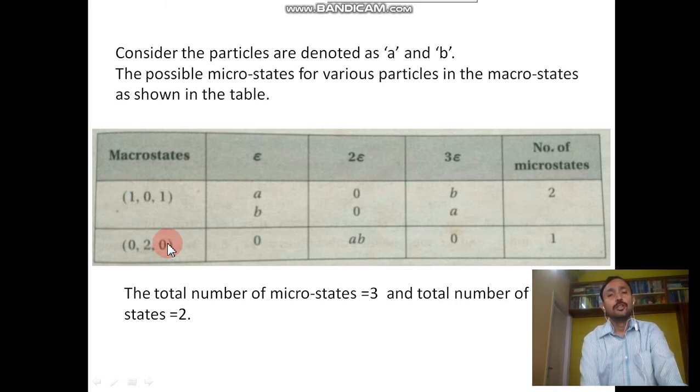For 020, that means both particles A and B are in the same energy state 2 epsa, so this microstate will be 0, AB, 0. So there is only one microstate.